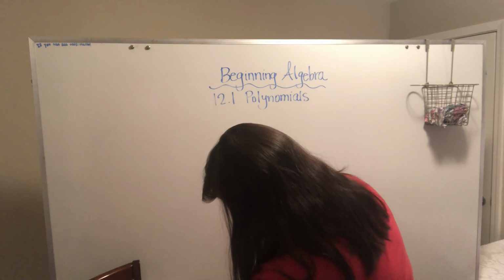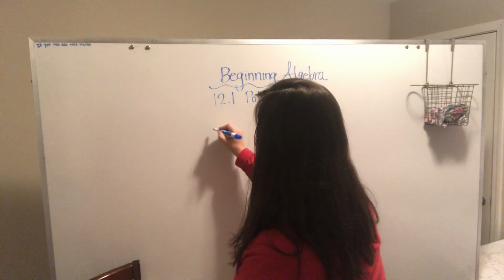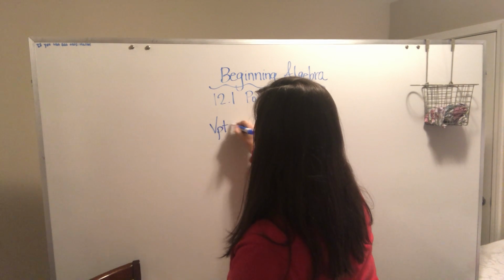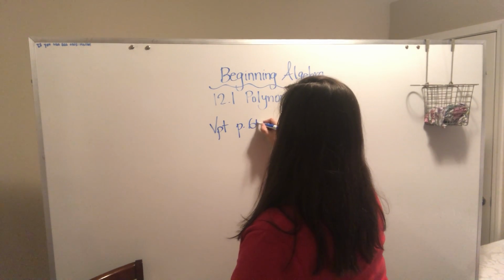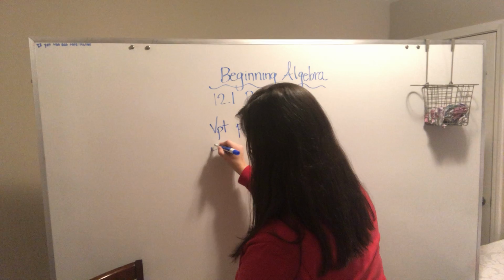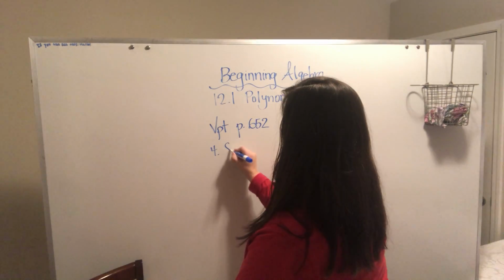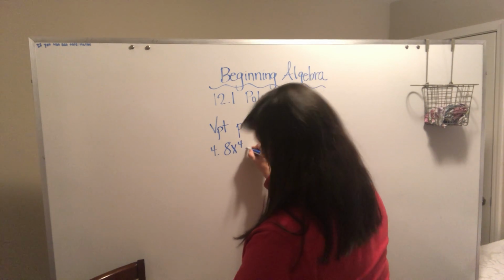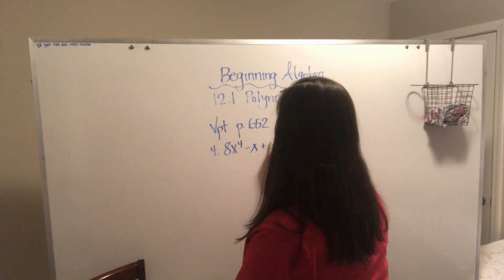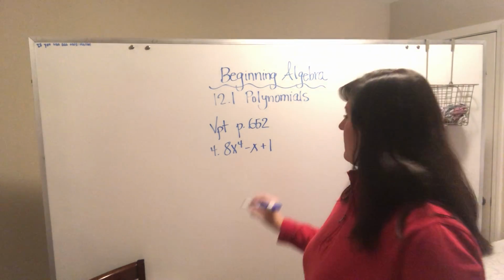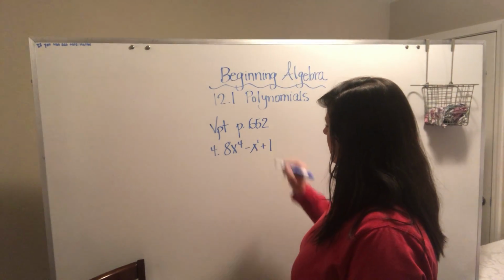All right, I'm going to look at number 4 on page 652. So checkpoint, page 652, number 4. It is 8x to the 4th minus x plus 1. You should recognize there is an exponent here.